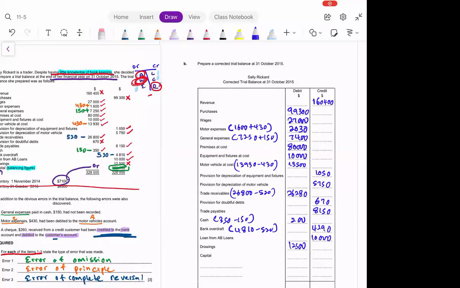Don't forget to include the opening inventory.